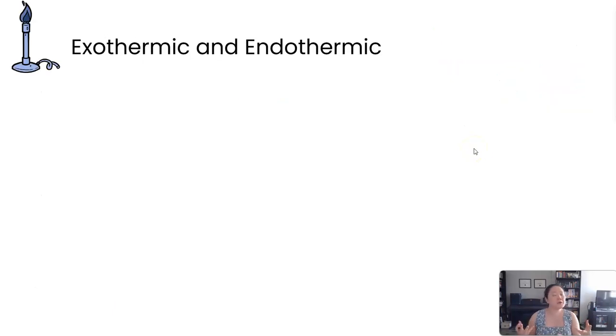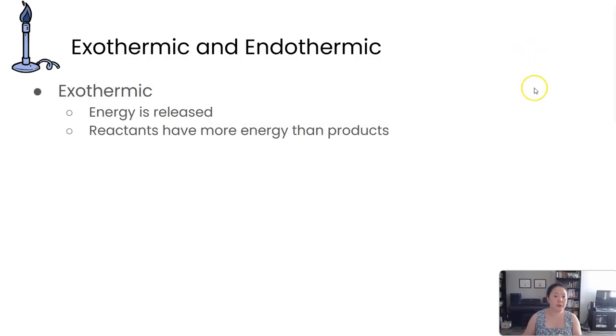Right, to go into a little bit more of that terminology, you might have heard these terms before. You have exothermic and you have endothermic. Exothermic is when energy is released into the environment or into the surroundings. That means your reactants have more energy than the products.